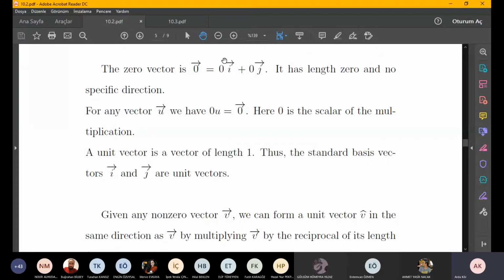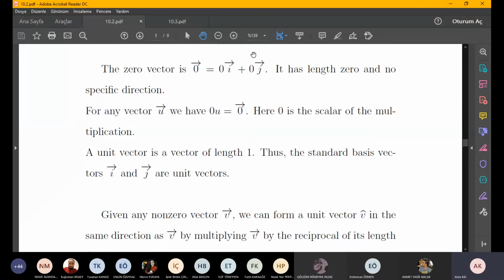We can multiply 0 by i and also 0 by j, and you have the sum in two-dimensional space, so it is defined, and it is closed in two-dimensional space.